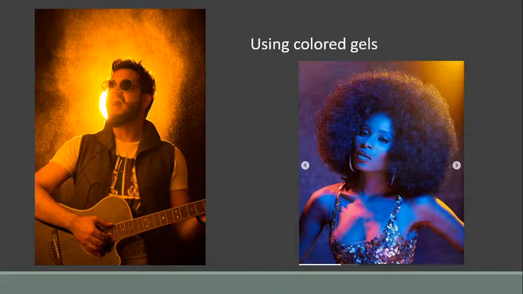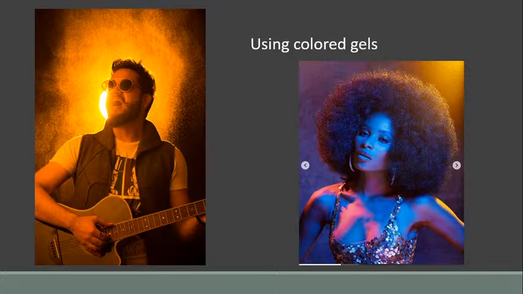If we have a single flash, like on the left-hand side, we use an orange cellophane paper or orange gel to create that orange kind of effect. On the right-hand side, they had multiple flashes with multiple different shades of gels to give different colored effects on the picture.